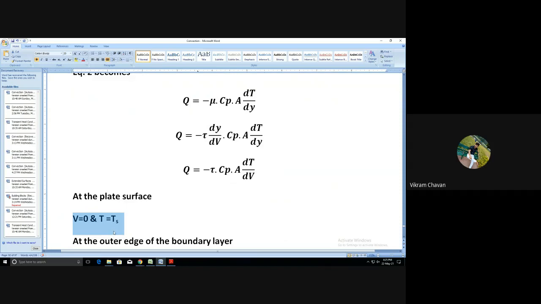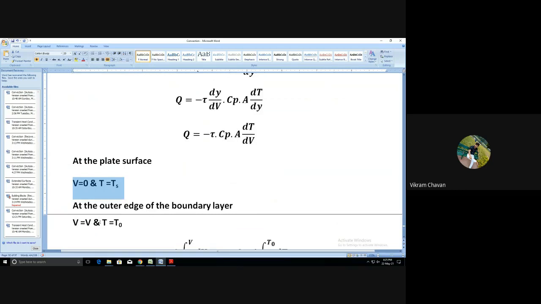At the end of the boundary layer, where we are getting 100% of the initial velocity, at the same point we are also getting the temperature of the initial fluid layer. Whatever the initial temperature of that fluid was, we will get that temperature at the same point, because we are considering Prandtl number equal to 1. Prandtl number equal to 1 means what? The velocity boundary layer coincides with the temperature boundary layer, or thermal boundary layer. So at the same point we are getting the maximum temperature, that is, the temperature of the fluid is equal to the initial temperature and the velocity of the fluid is equal to the initial velocity.